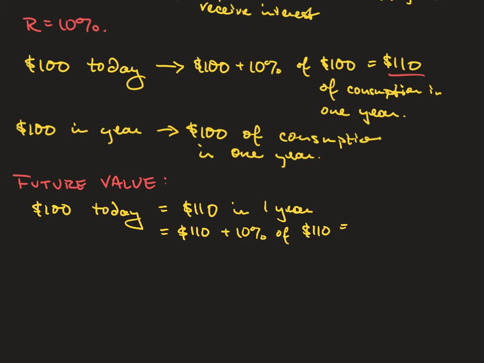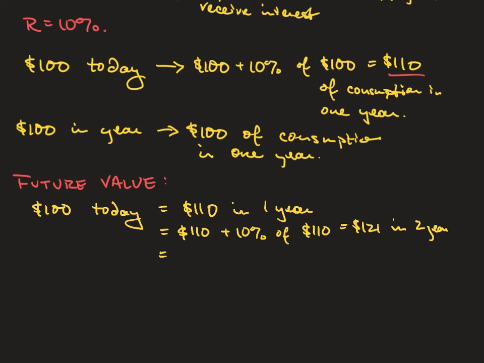So it comes to $121 in 2 years. And then in 3 years, if you were to get $100 today, that would be equivalent to receiving $133.10.